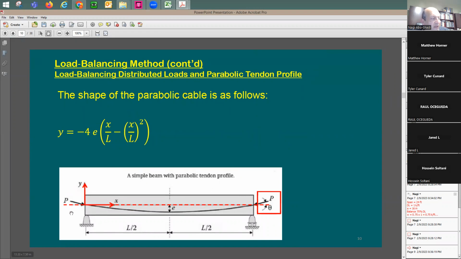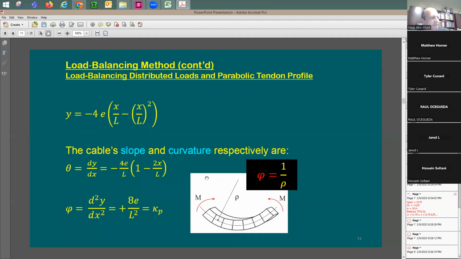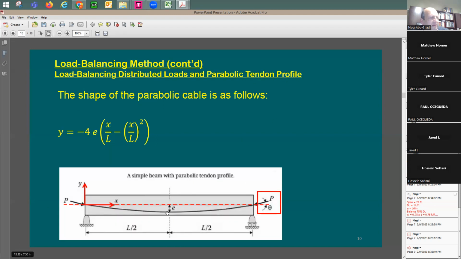First, if I consider this to be 0 and 0, what's going to be the equation for this? The equation is going to be a little bit different. It's going to be the same concept. The equation here is just A times x. The equation here is going to be x over L by ratio and things like this. It's okay. You know the theta here, this angle. This angle is going to be the slope of the cable, right?